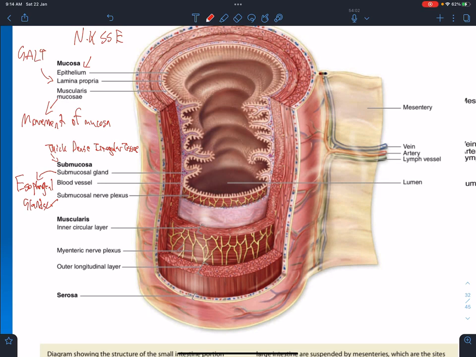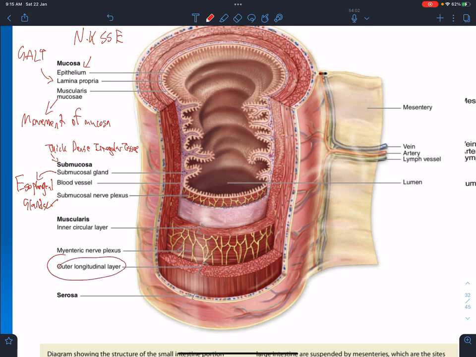The next one underneath it is the muscularis layer. Now, the muscularis externa layer is the layer responsible for contraction, therefore peristalsis and mixing movement. It consists of two layers. One layer is basically circling the lumen, known as the inner circular layer. And the other is a layer lining the whole length of the digestive tube, called the outer longitudinal layer.